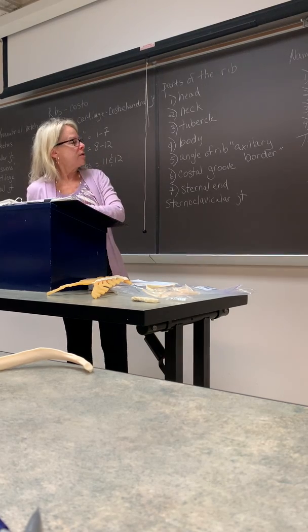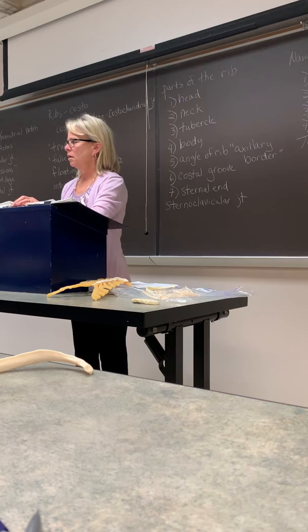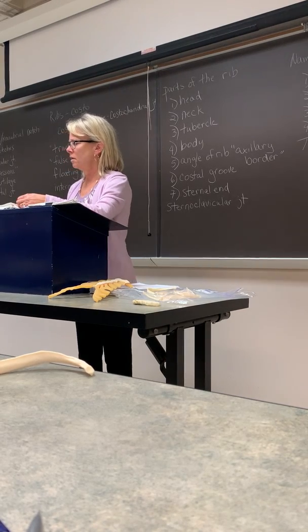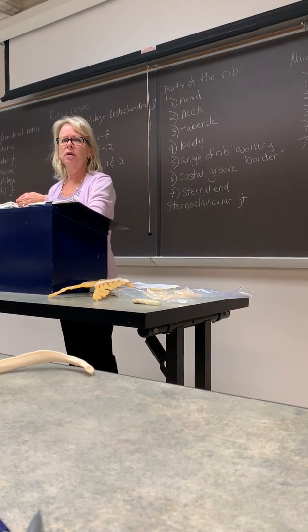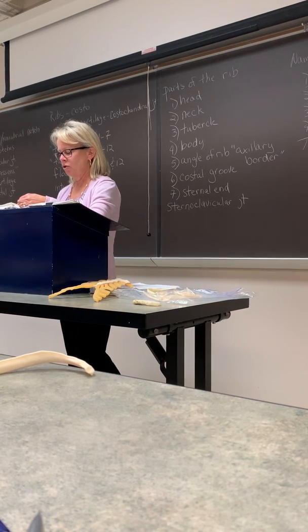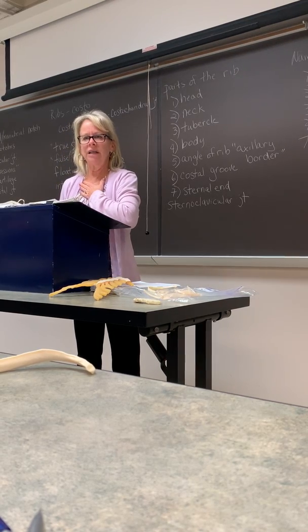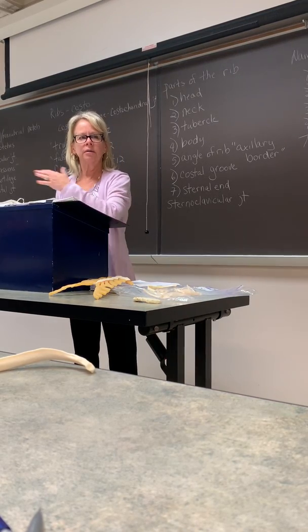All right, there's some terms that have to do with the bony thorax. There's something called a flail chest. Anybody seen that out there? No? It would be a trauma thing. That's a condition where the chest wall is caved in from a trauma.